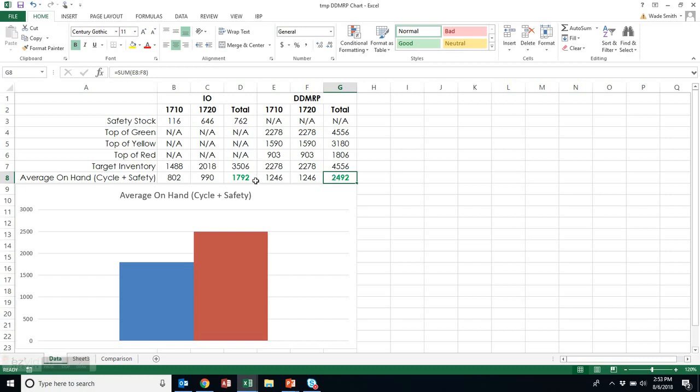On the IO side, you could have it higher due to the target service level. In this case, the data example I had was a 99% target service level. Can't go much higher than that. And with DDMRP, if you were decoupling locations or playing with your customer tolerance times and things like that, you're definitely going to get different values as well.